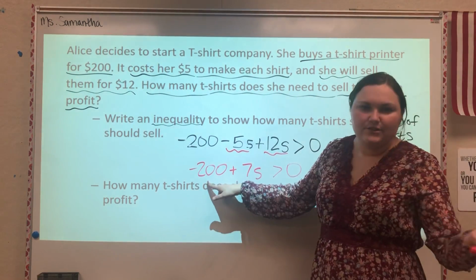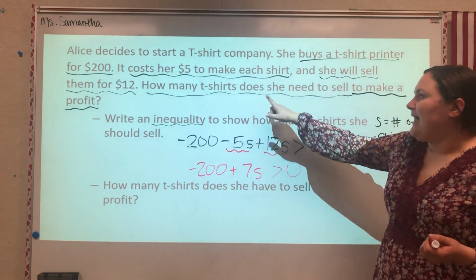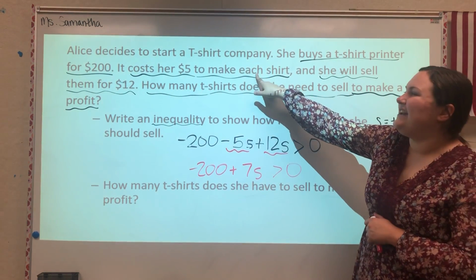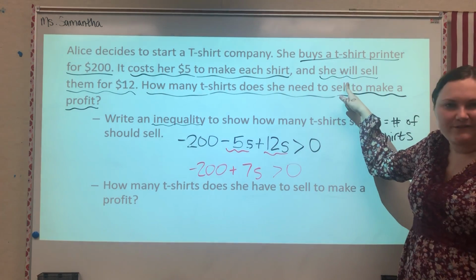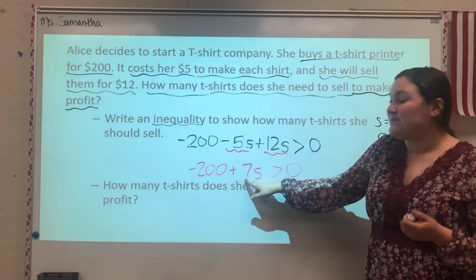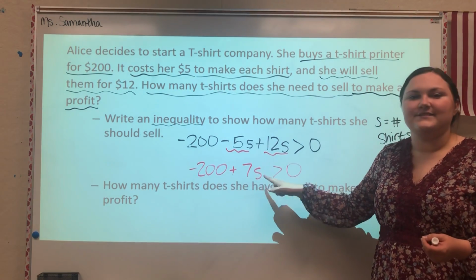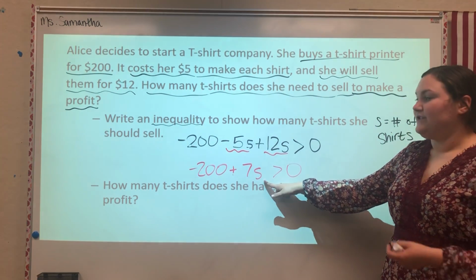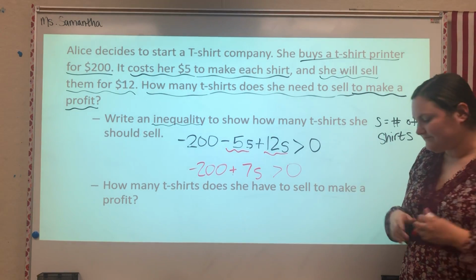You're still setting the $200 on the t-shirt printer, but I'm just combining this information of it costs $5 to make a shirt, and you're selling them for $12 each, to say that just means you're making a profit of $7 on each shirt. So if you were thinking that at any point as we were going through this, that's also an option.